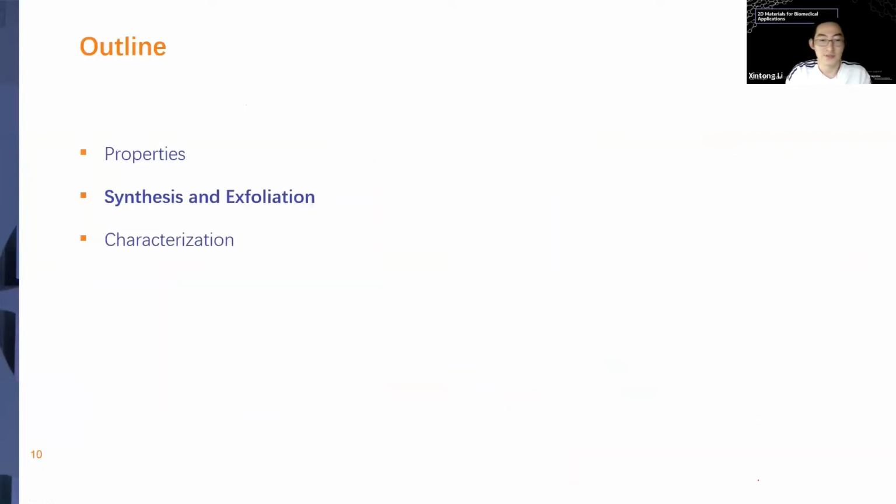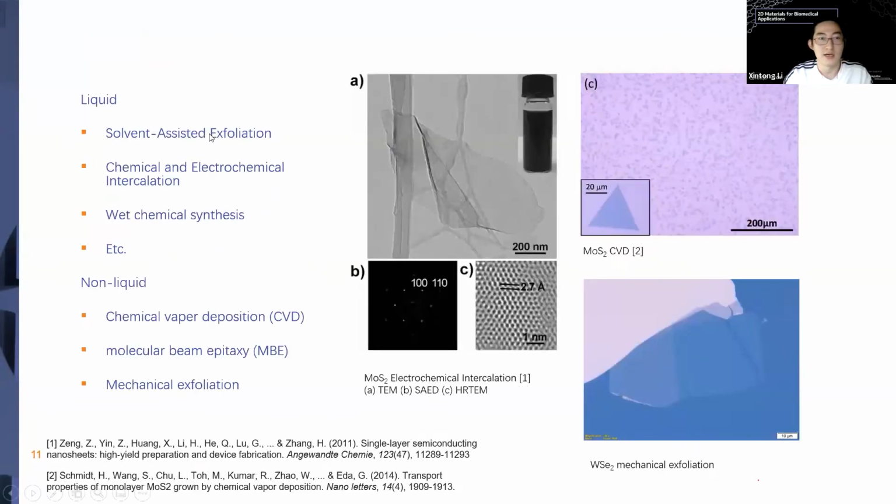Okay, then let's talk about some selected synthesis and exfoliation methods to prepare thin layer TMD. So this slide summarizes some of the major methods that are being used to prepare thin layer TMD, either in liquid phase or non-liquid phase. And the choice of the preparation method really depends on your application, because for example, if you want to do in vivo experiments like drug delivery or in vivo imaging, then probably eventually you want some 2D material suspended in some kind of solution.